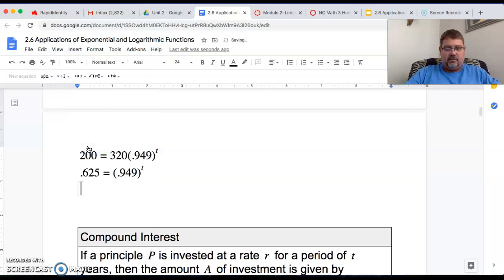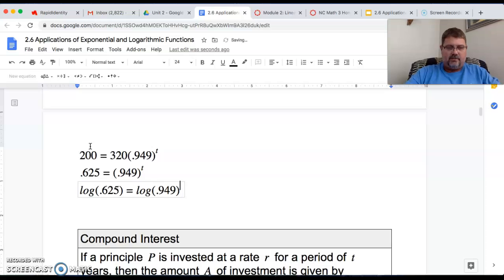So I'm going to take log of 0.625, and that's going to be equal to log of 0.949 raised to the t. And what's going to happen now that you have this equation is that this t can be moved out front by the third law of logarithms.